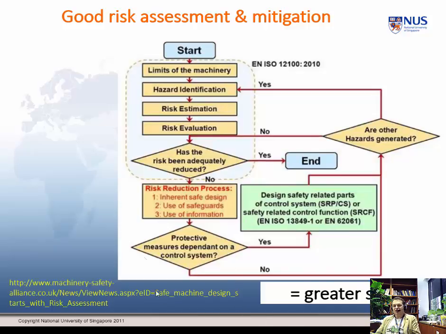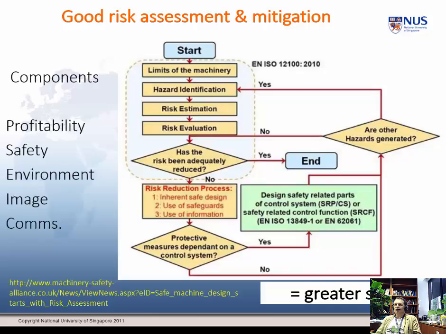Now, we're talking about machines mostly here, so often the protective measures are dependent on the control system. If they are, then there's a number of international standards which can be used, and you would use those to guide what you're doing.